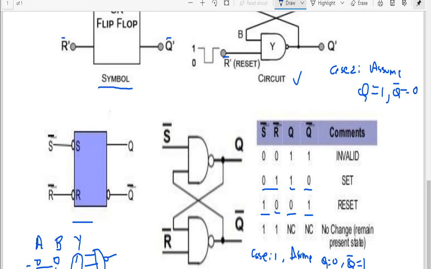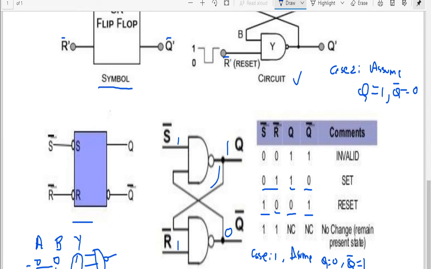So in case 2, what we are doing? We have to assume that q is 1 and q bar is 0. So we have S bar as 1, R bar as 1. Now what we are assuming? We are assuming that q is equal to 1 and q bar is equal to 0.